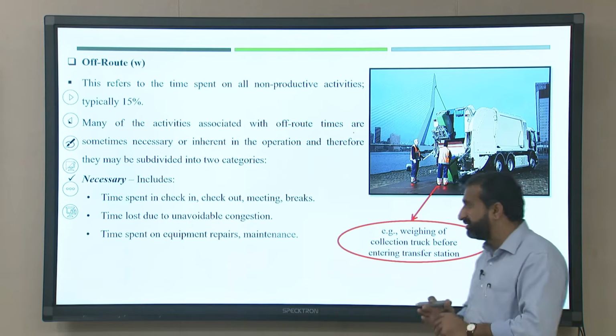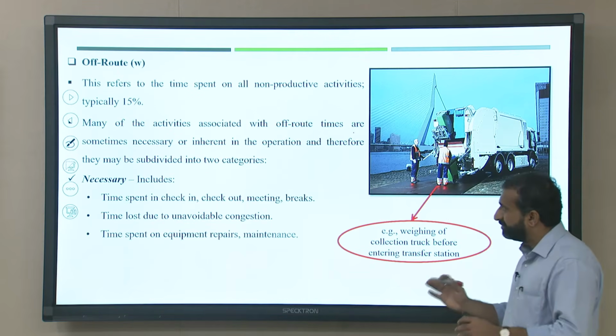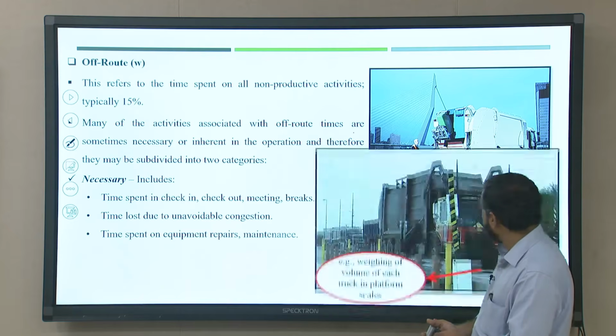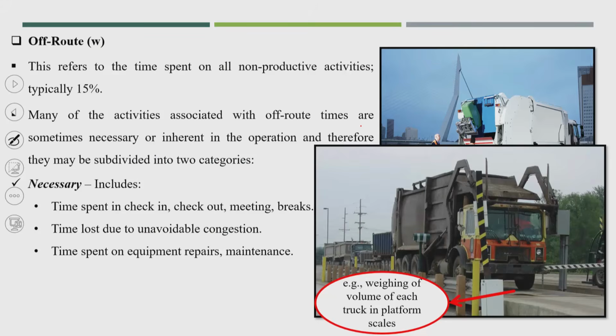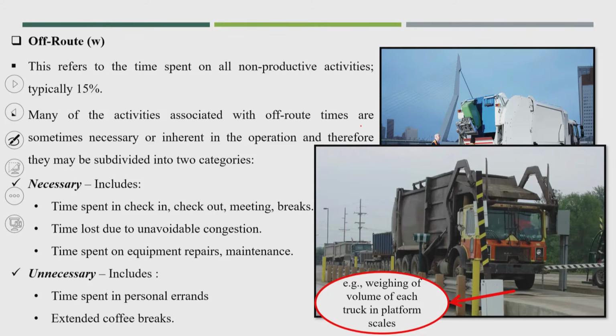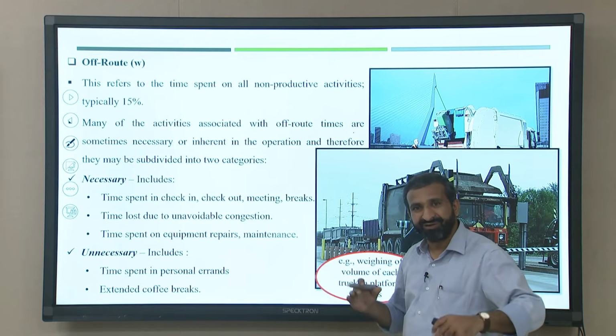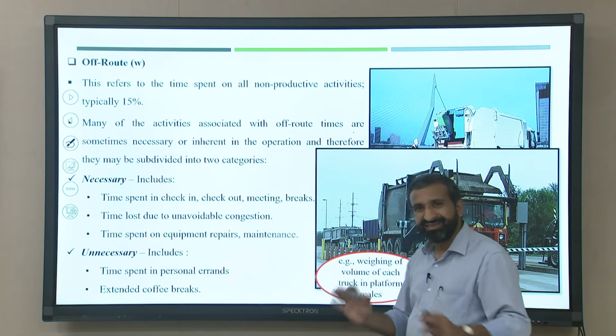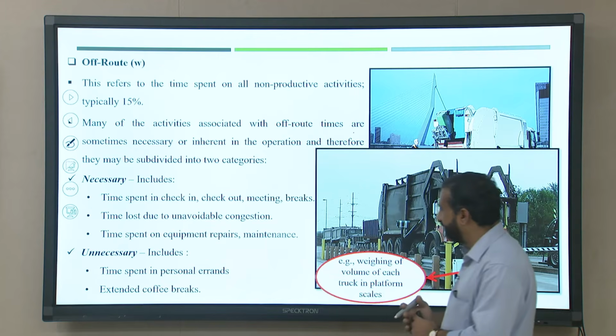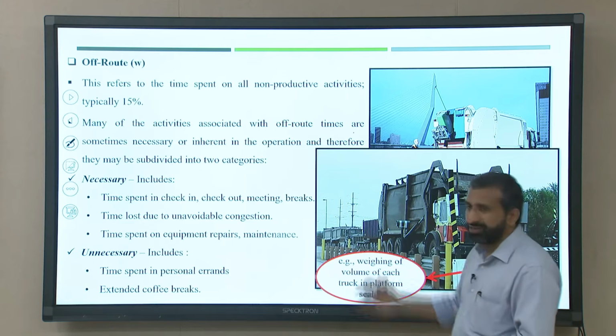For that, time is required, and that is necessary time. Here is another photograph, for weighing the volume of each truck on the platform scale. And there could be some unnecessary time, such as time spent on personal matters or unnecessarily extending tea times and coffee breaks. You know that a few drivers will always spend some unnecessary time. So, that is included in the off-route time.